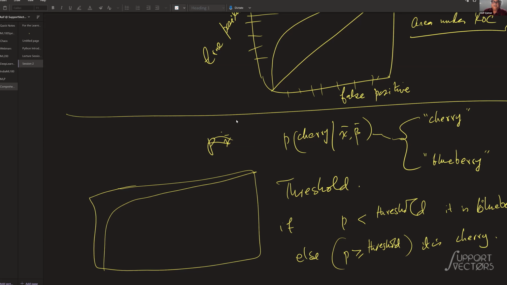Now comes the question, where would you put the threshold? Depends how much you love your kids. Now that's a twist. Sachin is saying it depends upon how much you love your kids.